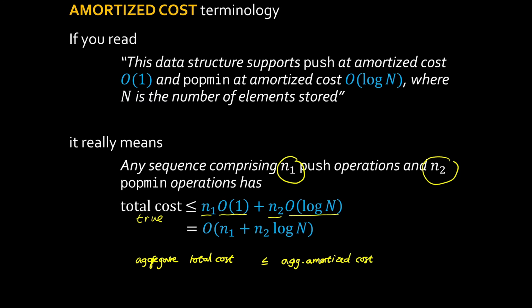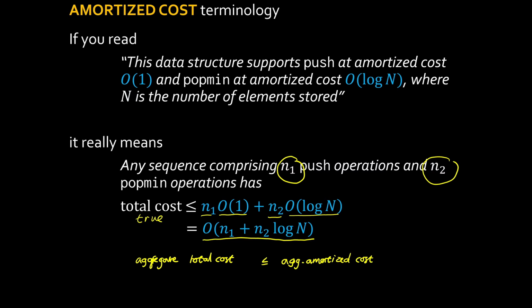So my aggregate true cost is less than or equal to my aggregate amortized cost, and I can simplify the algebra on the right hand side to give me O(n1 + n2 log n). That's all that amortized cost is saying: aggregate true cost less than or equal to aggregate amortized cost for any sequence of operations.